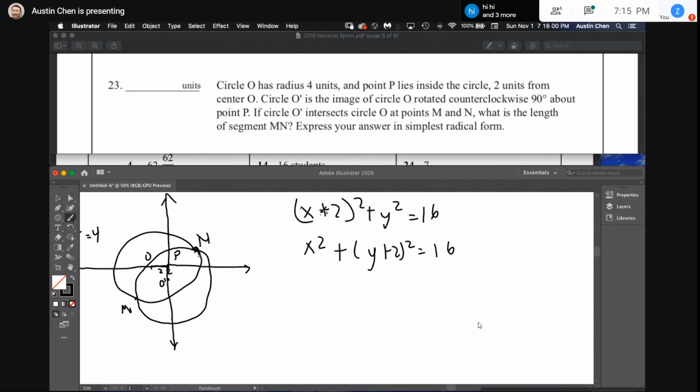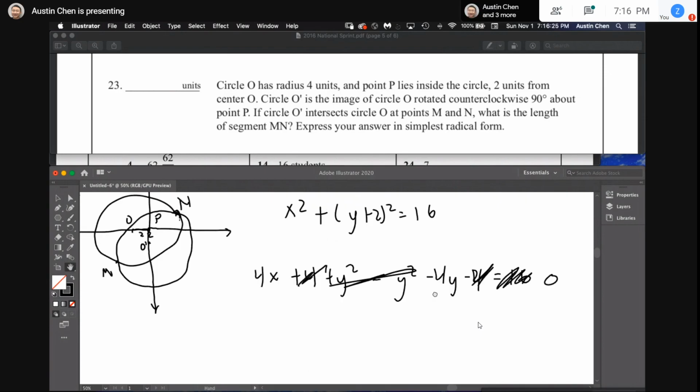So if we subtract them, like this one from this one, we have 4x here, and we have a plus 4 there. And then the x squareds cancel, and then we'll have minus y squared minus 4y minus 4, and this will equal 16. So the y squares also cancel, and the 4's cancel. The 16 is not here. These cancel, right?